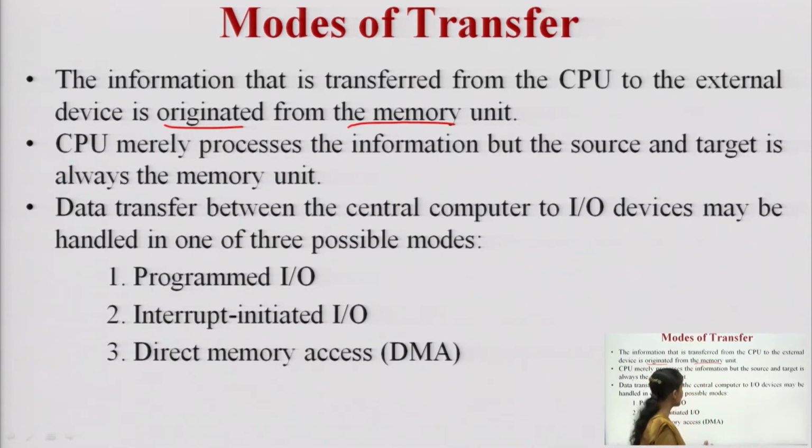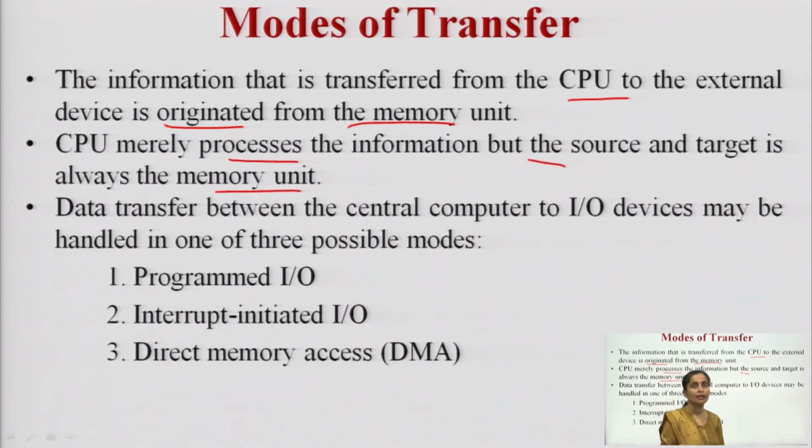The information that is transferred from the CPU to any external device originates from the memory unit, either as a memory read or a memory write. The CPU merely processes the information, but the source and the target are the memory unit.